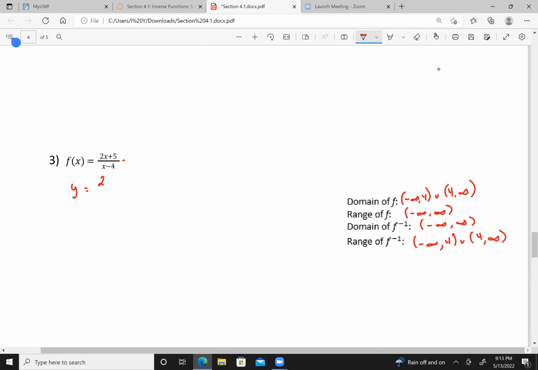Set it as y equals 2x plus 5 over x minus 4. Swap our x's and our y's. We get x equals 2y plus 5 over y minus 4. We'll go ahead and multiply both sides by y minus 4. So I get xy minus 4x equals 2y plus 5.